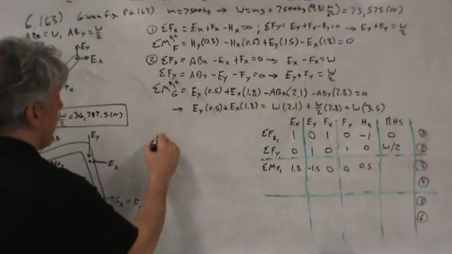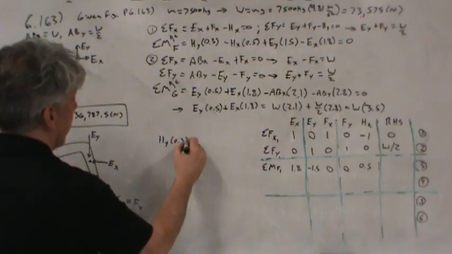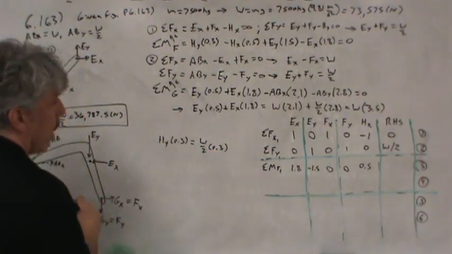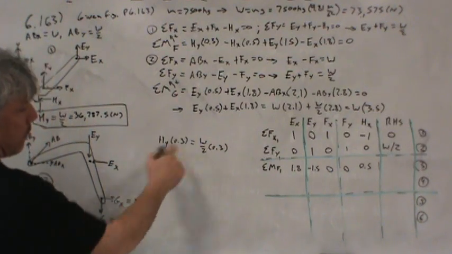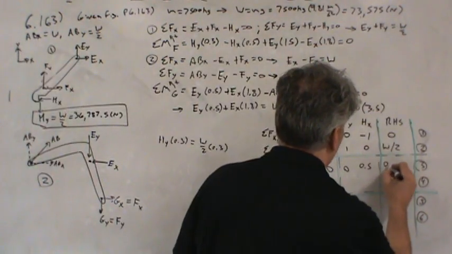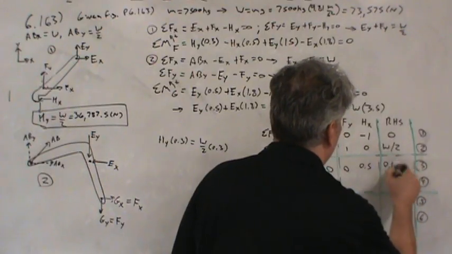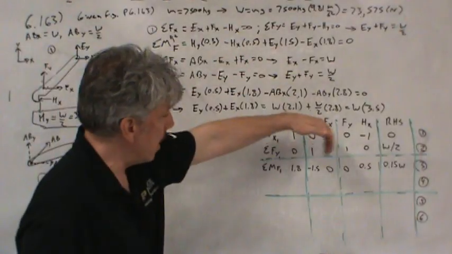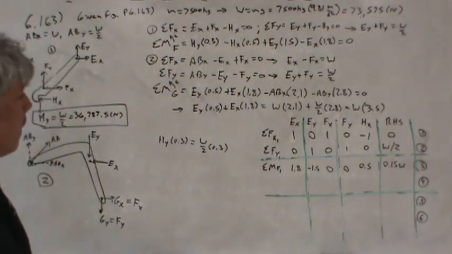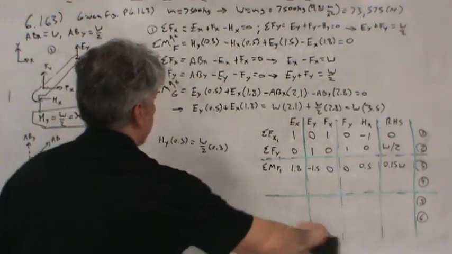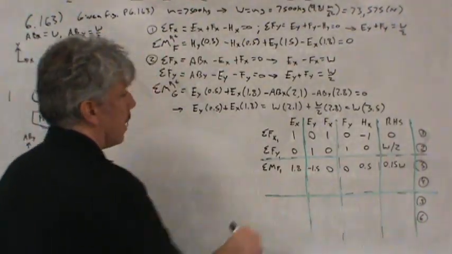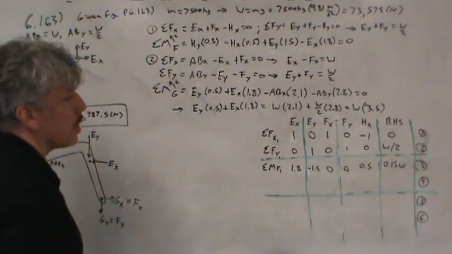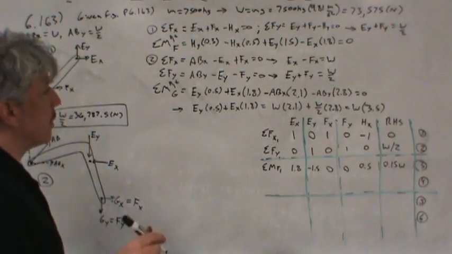So isn't Hy times 0.3 equal to W over 2 times 0.3, or in other words, 0.15 times W? So that left me with 0.15 W on the opposite side of the equation to the variables. And that's the reason I flipped all these and pulled them to the other side. So in sort of a shorthand, I have represented all of the equations of static equilibrium for body 1 with just the coefficients of those equations. You'll see why this is very powerful in a moment.